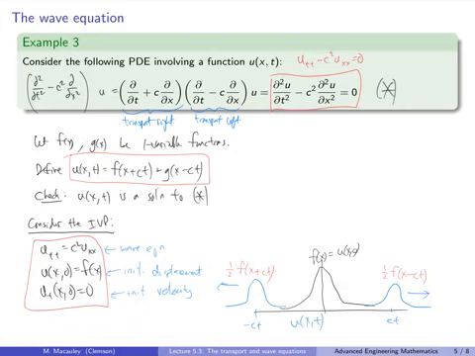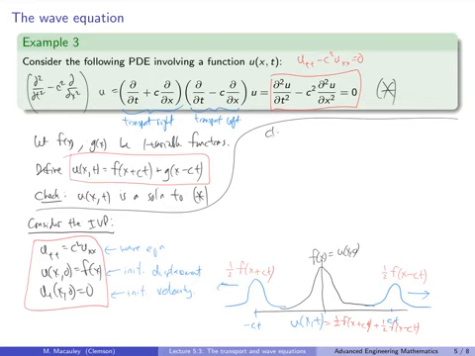I claim that this is equal to, or maybe I should not have boxed that. Let's undo that. This is equal to, basically, this plus that. So 1/2 f of x plus ct plus 1/2 f of x minus ct. So let me write that up here.